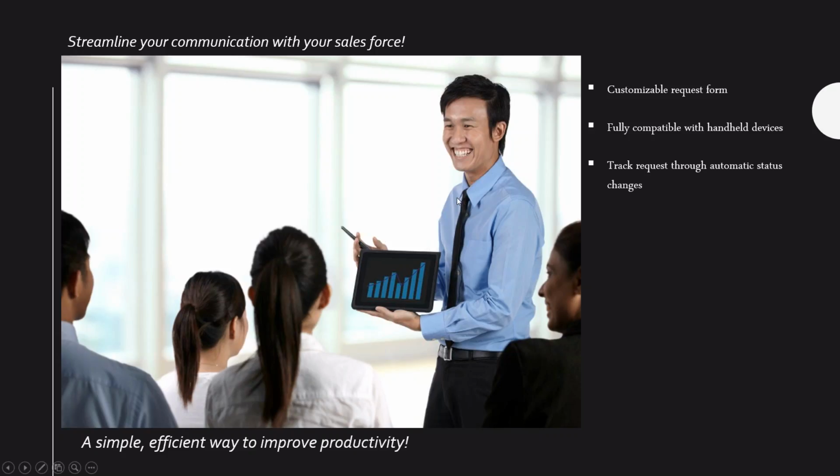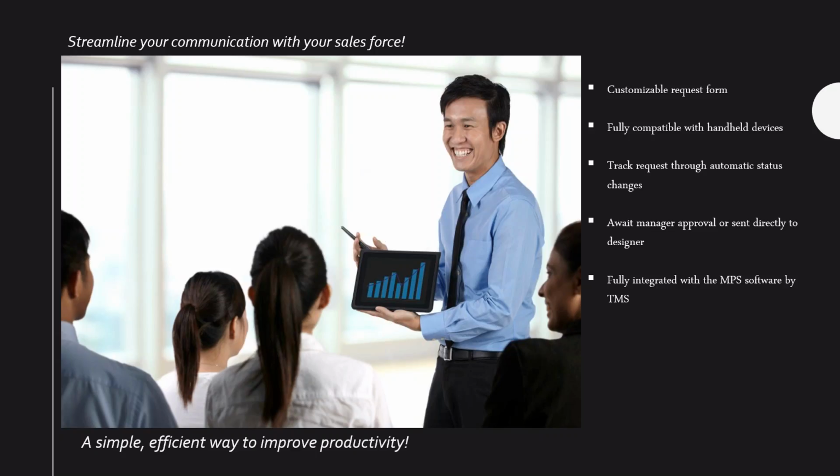You can track requests through automatic status changes. So when a sales rep does submit a request, he can see what status it's in. He can log back in at any point and see what all his request statuses are. And you can see it as well, and so can any sales manager if you want sales managers to be in the loop. You can have it await a sales manager approval or be sent directly to you as a designer or in the sign room.